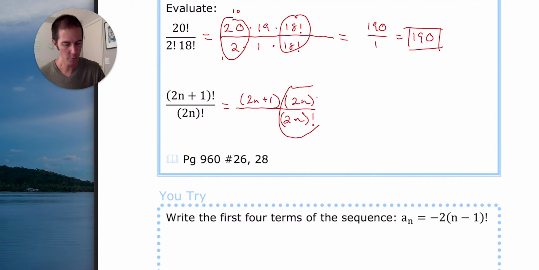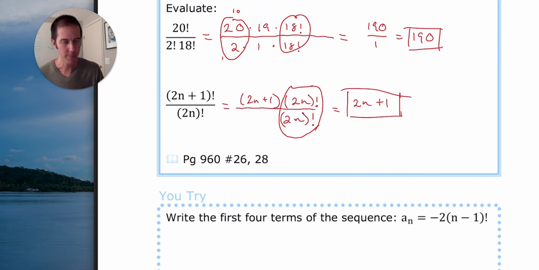So let's, in the numerator, put that factorial, that exclamation point there, and then we can just circle those two, knowing that all those factors from the numerator and denominator that are identical are going to cancel out, leaving us only with the 2n plus 1 in the numerator.